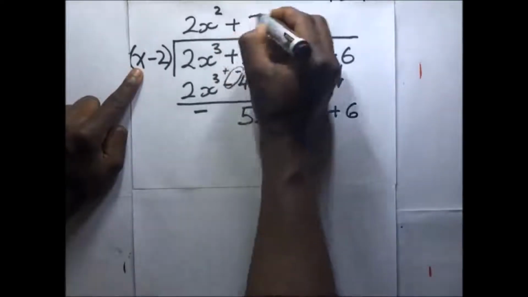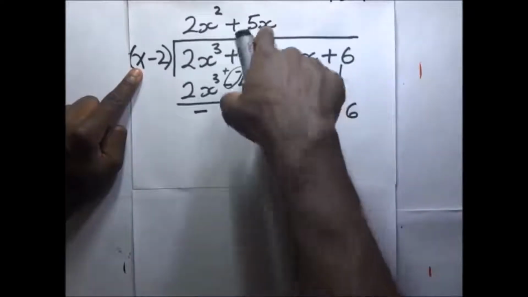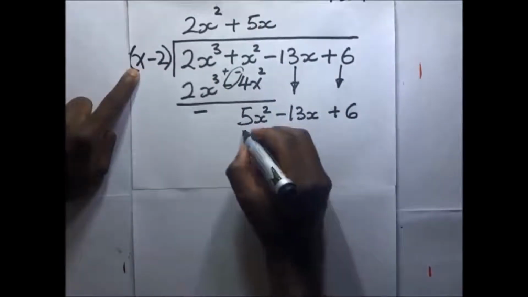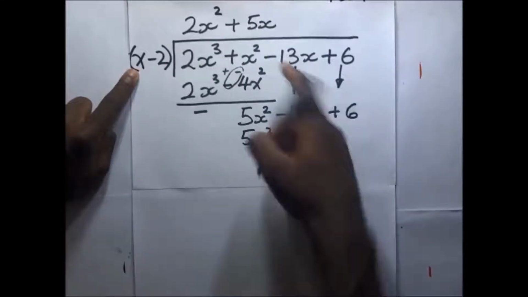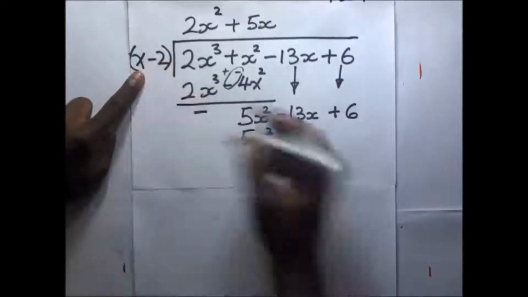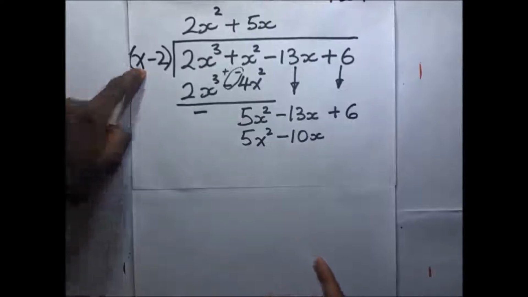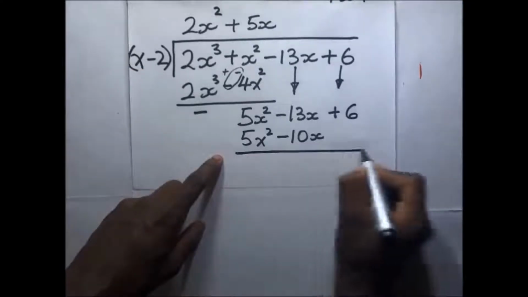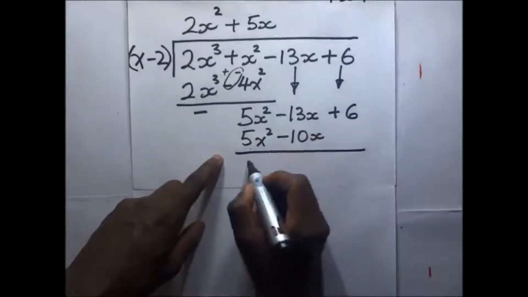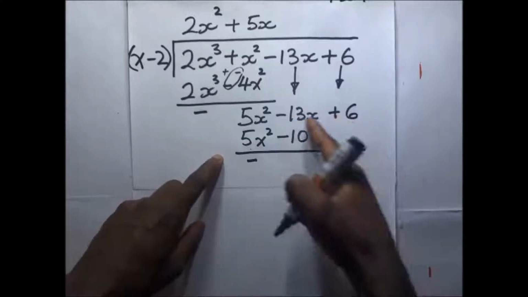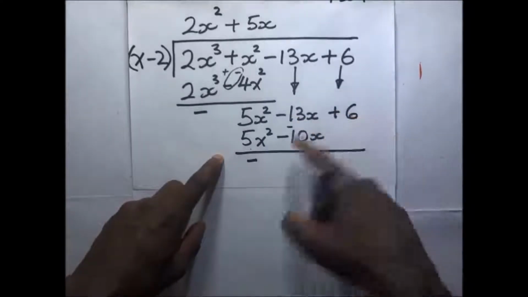So it becomes plus 5x. 5x times x will give us 5x squared. Then 5x times negative 2 will give us negative 10x. This minus that will give us nothing, 0. Negative 13x minus negative 10x.